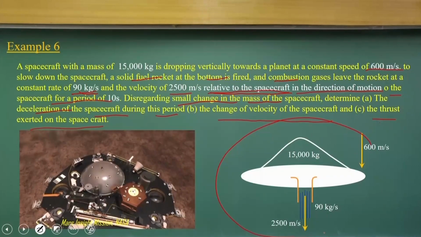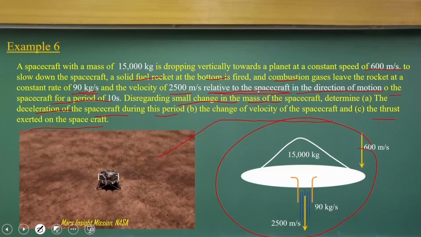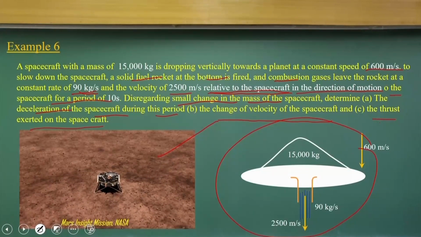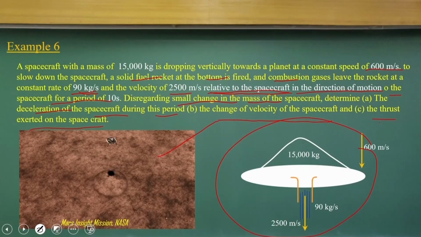If you look at this, this is the spacecraft, the Mars InSight mission, and this is the diagram we use from NASA that we have illustrated. Looking at this problem text, there is a spacecraft of 15,000 kg, with a speed of 600 meters per second, which injects mass at a flow rate of 90 kg per second with a relative velocity of 2500 meters per second.